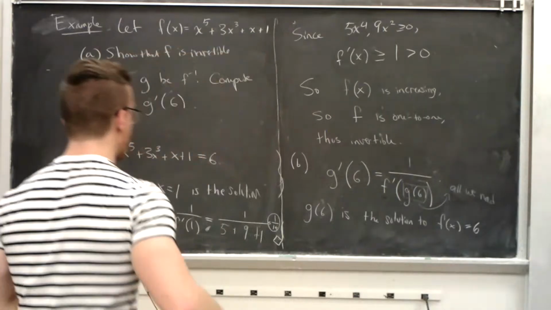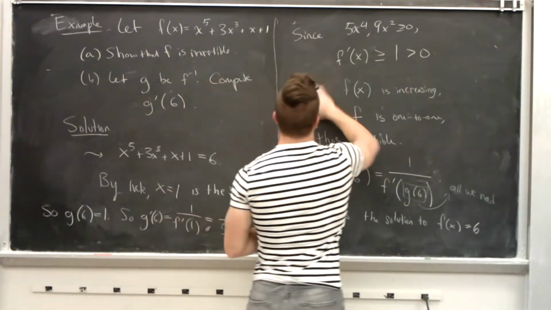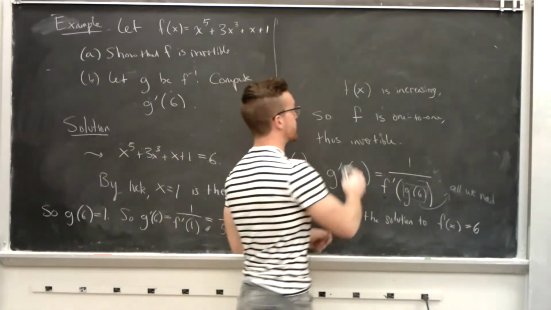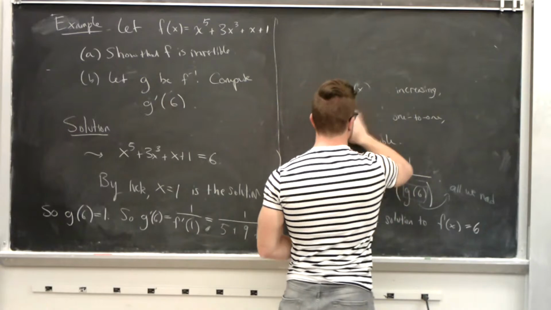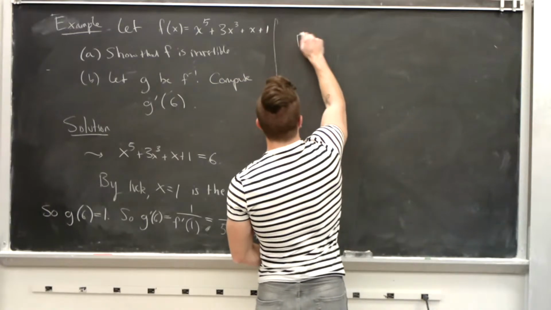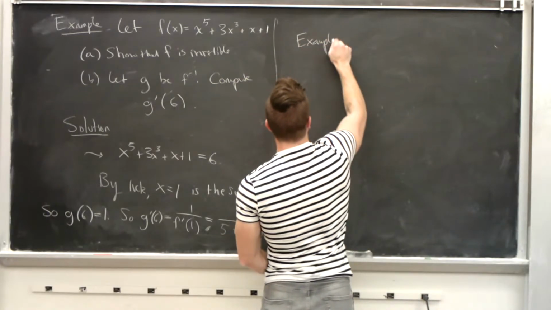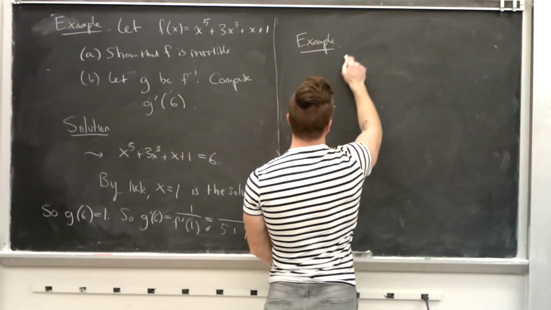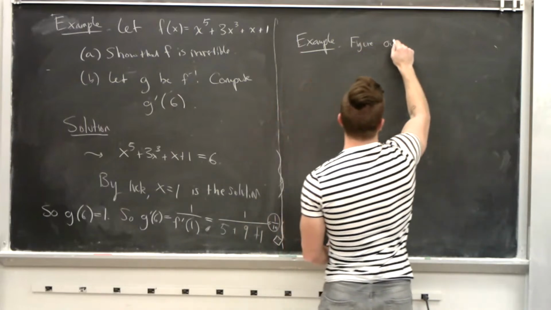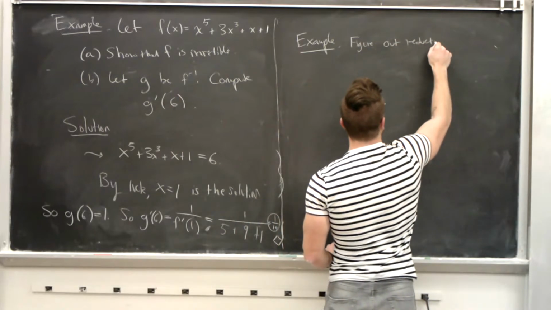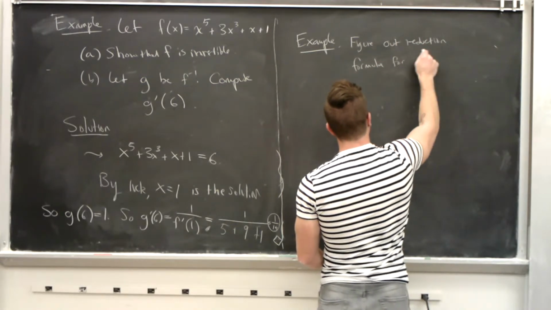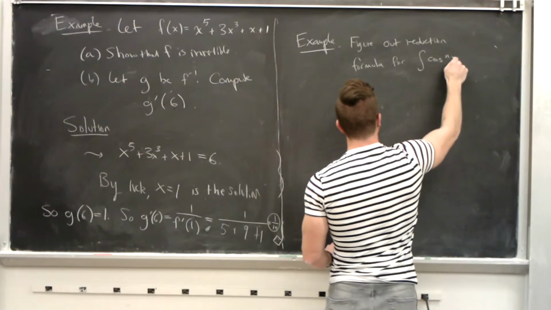Okay, so let's prove. This was one of your homework problems, I think maybe last week. But we want to figure out the reduction formula for the integral of cosine to the n of x dx.